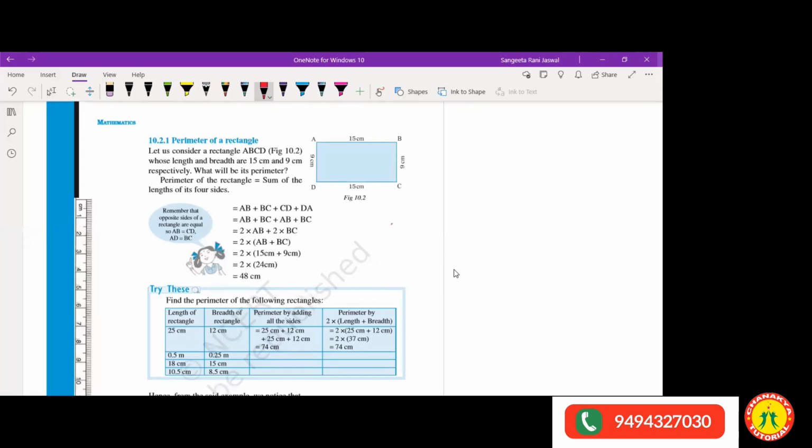So when you have to find the perimeter of a rectangle, we have length. Since the rectangle has two lengths, we have length plus length, plus breadth plus breadth. So it's 2 times length plus 2 times breadth. We take 2 outside and inside we are left with length plus breadth. So this becomes the formula for the perimeter.